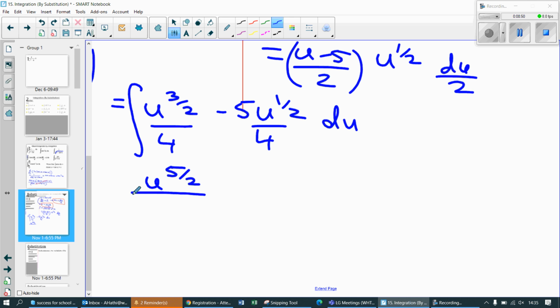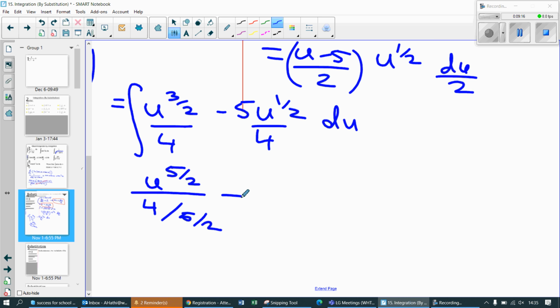Because there's already a 4 there, and I'm going to divide that by 5 over 2. So that 2 is going to go all the way to the top, isn't it? Because if you divide by a fraction, you're going to end up there. So that's 2 over 20, because that 5 will multiply by that 4 to give you 20. If you're not sure about it, just use the calculator and do it.